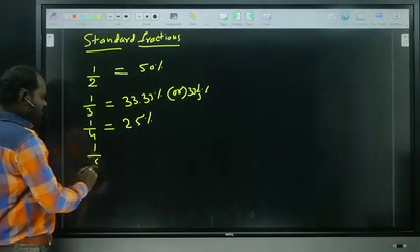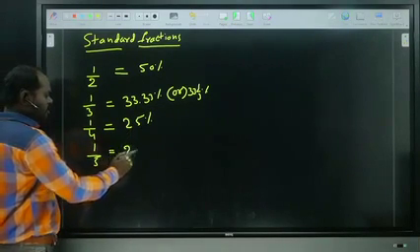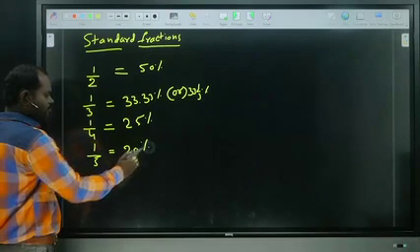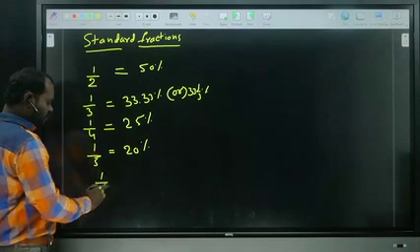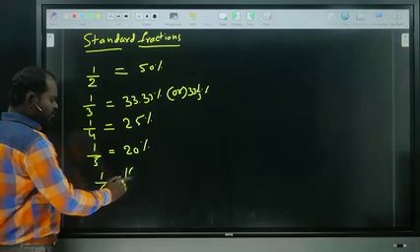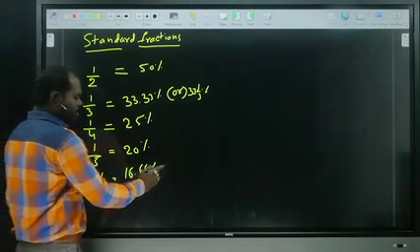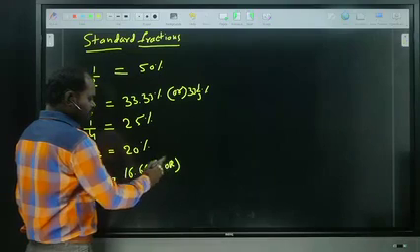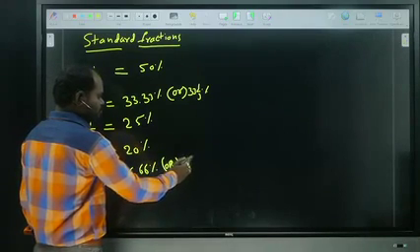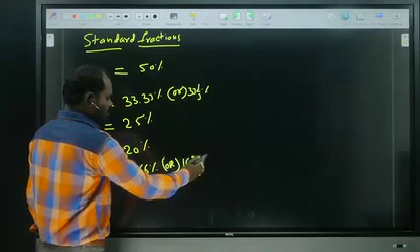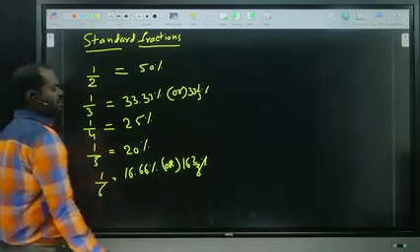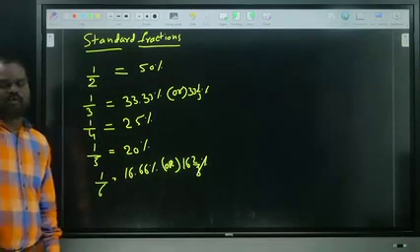Next, 1 by 5 into 100 is 20 percentage. Next, 1 by 6 into 100 is 16.66 percentage, or 16 2 by 3 percentage.